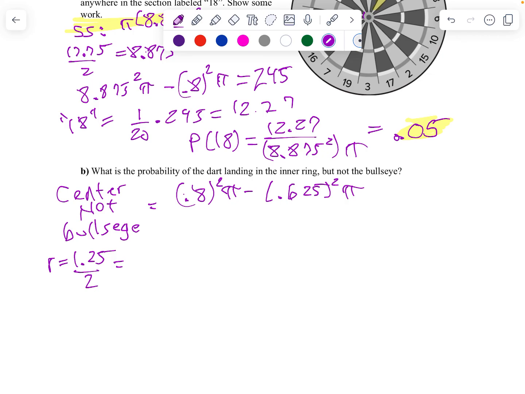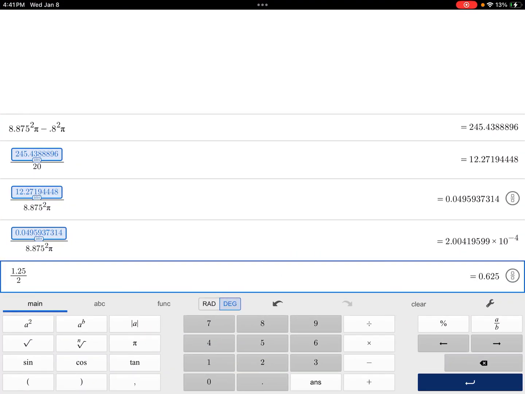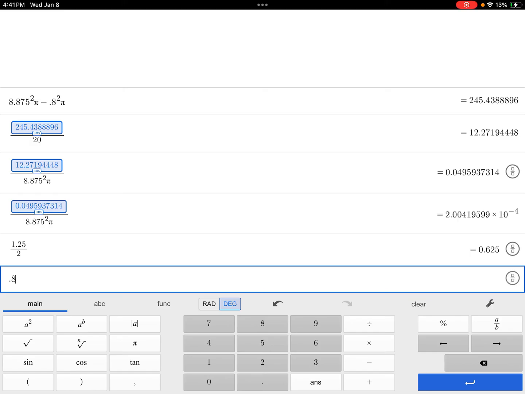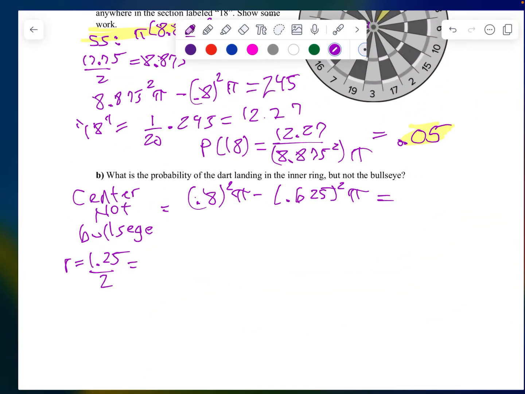So let's actually do that here then. Let's find this answer. So we're going to say 0.8 squared pi minus 0.625 squared pi, and I get about 0.78, don't I? So that area is about 0.78.